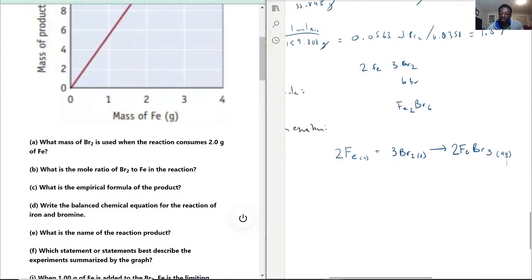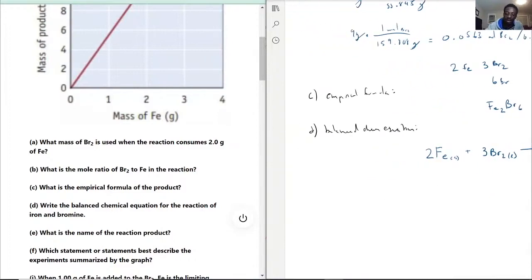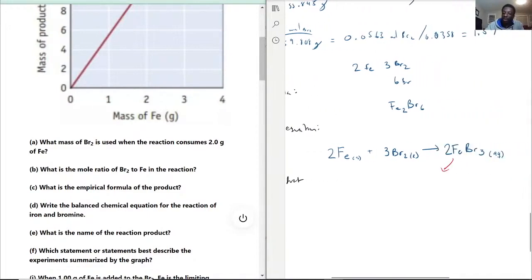Now the name of this. Right now it's asking for the name of the product. So we have the iron and we have the bromine. The oxidation number for bromine, because it's a halogen, will just be -1.